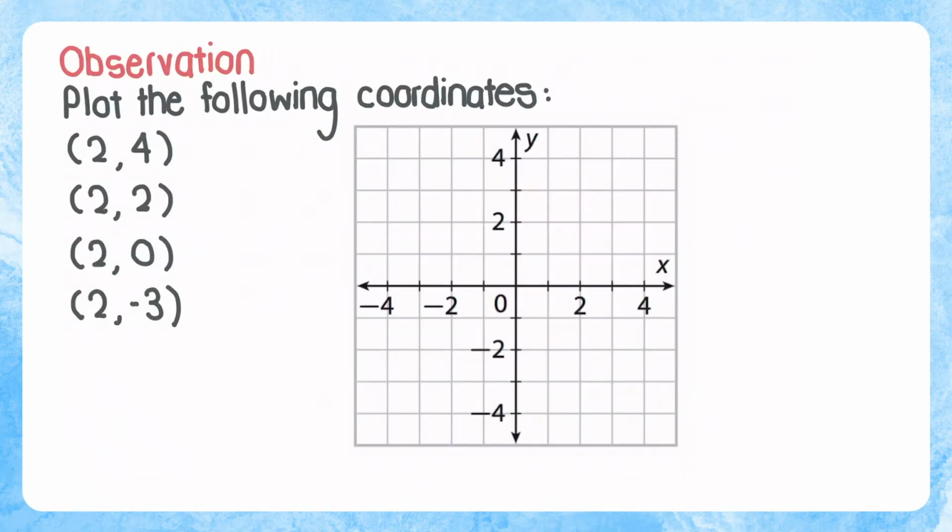Next, let's focus on vertical lines. First, we're going to make an observation. We're going to plot these coordinates onto the graph. We have 4 coordinate points. 2, 4 goes here. We also have 2, 2.